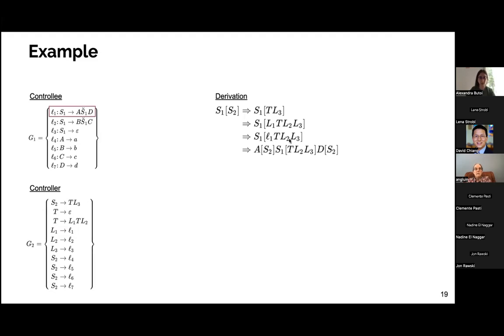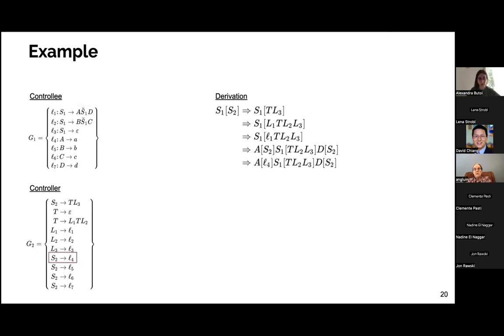This would be a sentential form. So it gets deleted and the rule of the control E is applied. And each non-terminal on the right-hand side of these rules gets augmented with the start symbol of the controller. And what this means is that we introduce new control words.